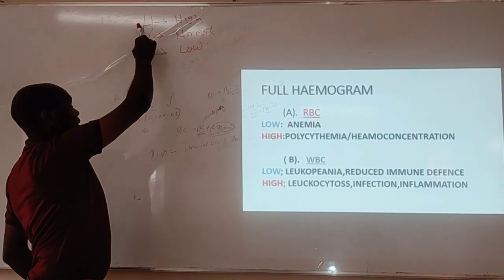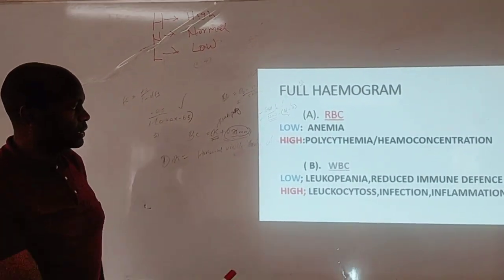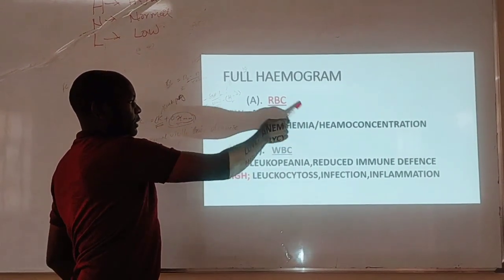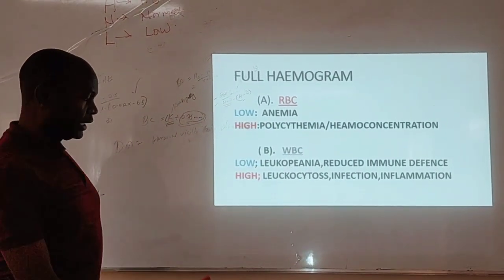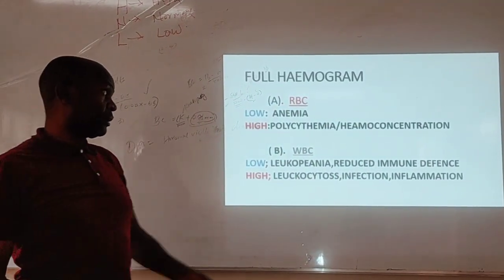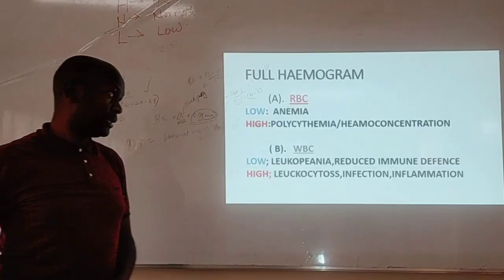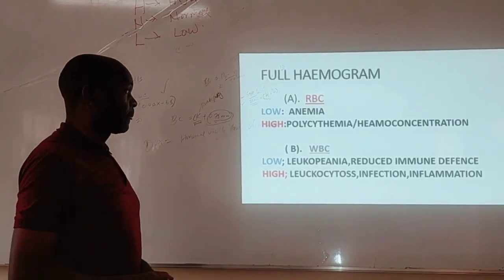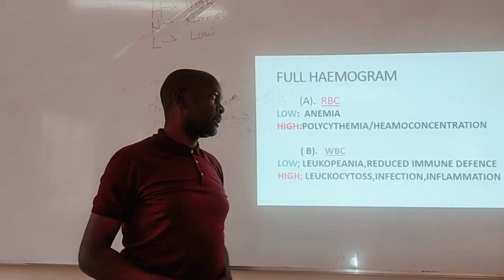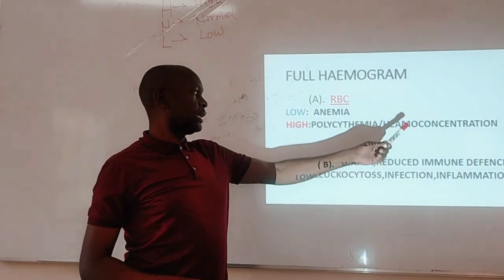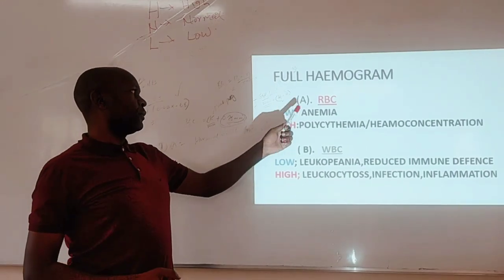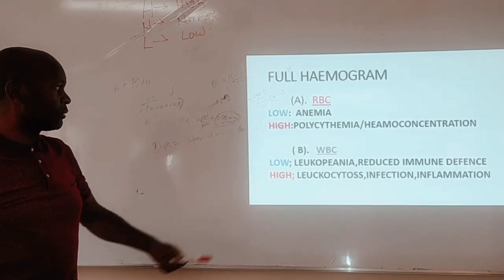which is indicated with H, it means this patient is likely to have what we call polycythemia, or he can just be having what we call hemoconcentration. One of the causes of hemoconcentration is dehydration. So if a patient is dehydrated, he is likely to have hemoconcentration, and therefore your RBCs will be high.